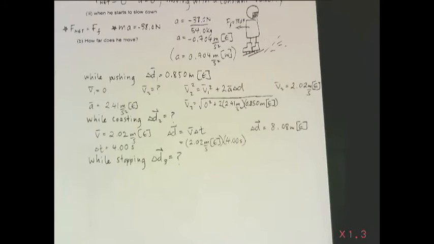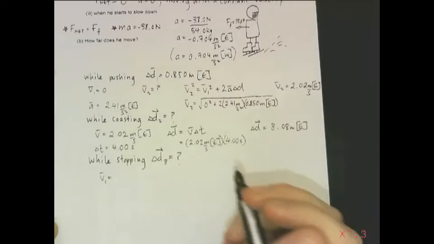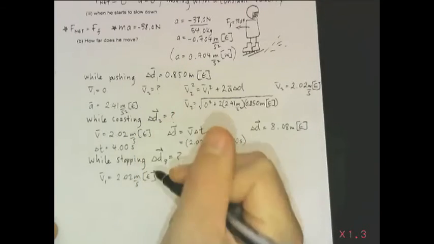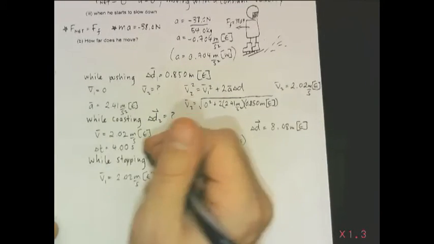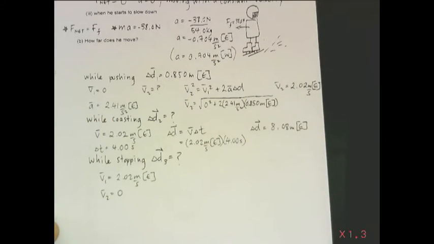When we're determining the displacement covered while stopping, we have to keep in mind that originally, before this person was stopping, the velocity was 2.02 meters per second east. That was the speed with which it left the boards. If it's coming to rest, then V2 is going to be 0.